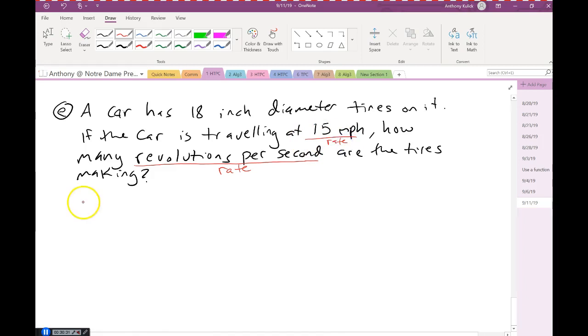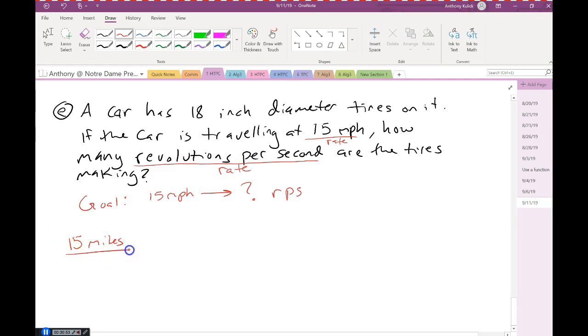So my goal is to convert 15 miles per hour into some number of revolutions per second. Everybody okay with that plan? Okay.